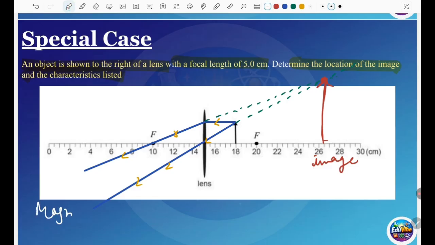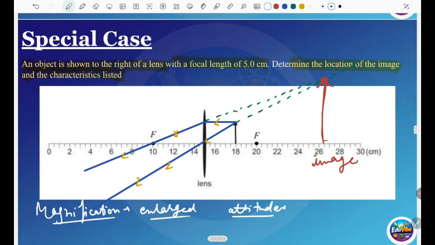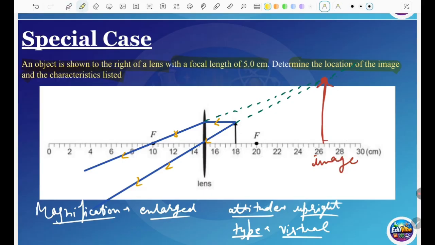So the magnification for this is enlarged. The attitude is upright, on the same side as the object, and the type, since this is a convergent lens, is a virtual image. This is a special case.